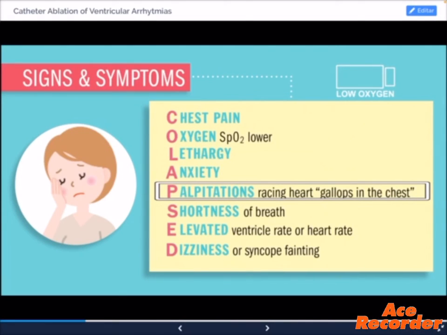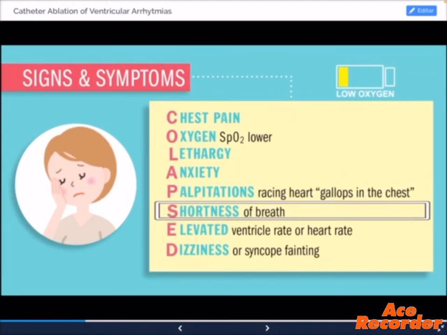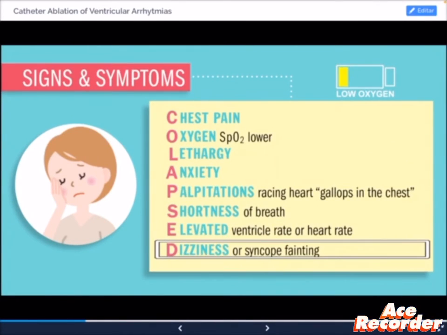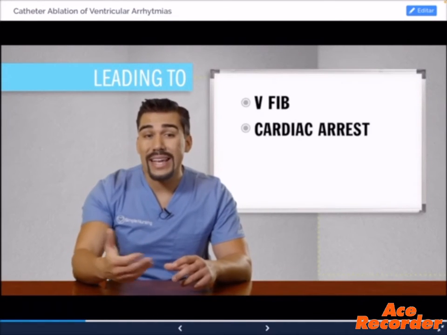It kind of feels like gallops under the chest. S is for shortness of breath or dyspnea, that difficulty breathing. E is for elevated heart rate, now except in third-degree block where the heart rate is usually lower. And D is for dizziness and syncope, which is also called fainting or passing out. Ultimately spiraling into VFib, then cardiac arrest, and then death.